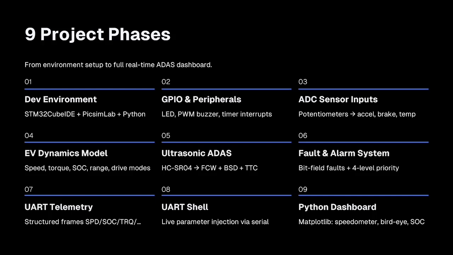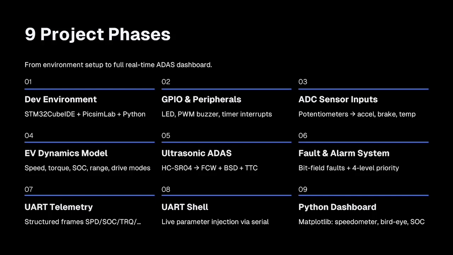Then the fault and alarm systems. These are used to make the user aware of faults like increased motor temperature or warnings like collision warnings or blind spot detection alerts, etc. Then the UART telemetry uses the UART protocol at 115200 baud rate for transmitting the data from the microcontroller to the outside.